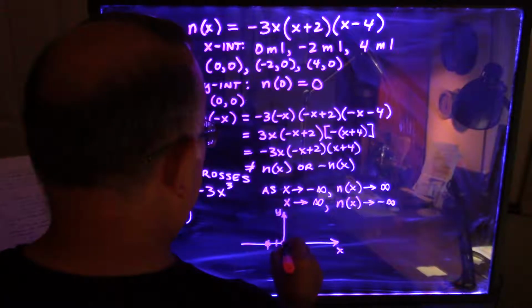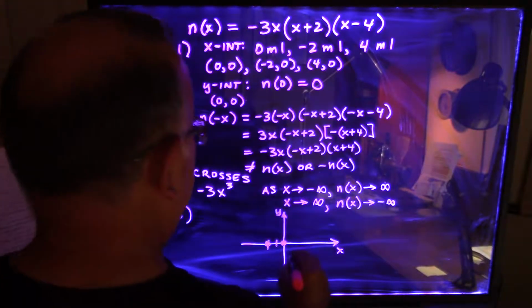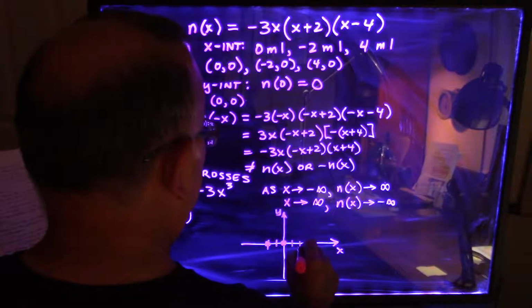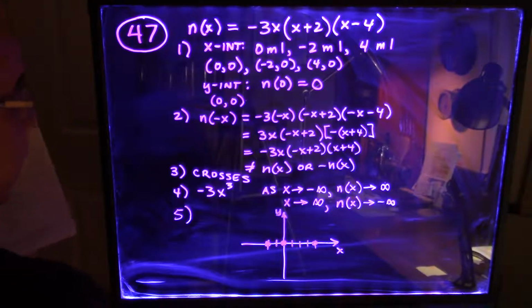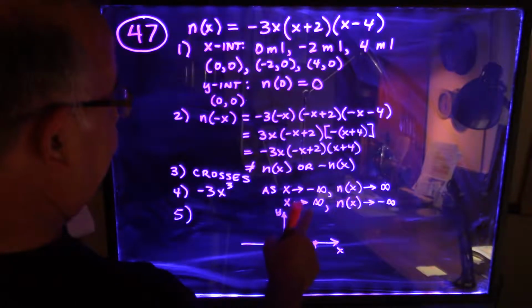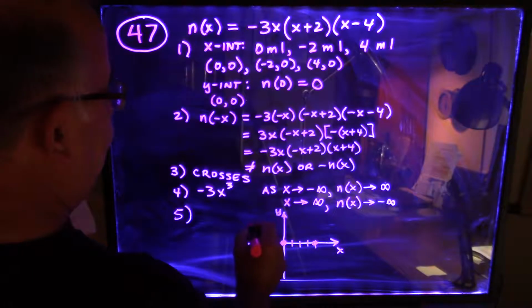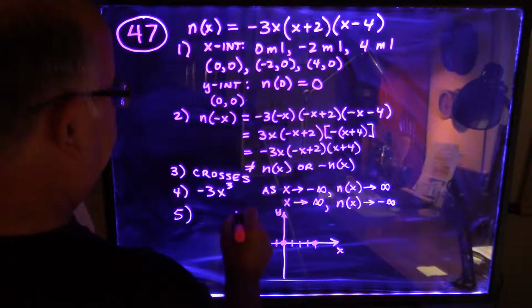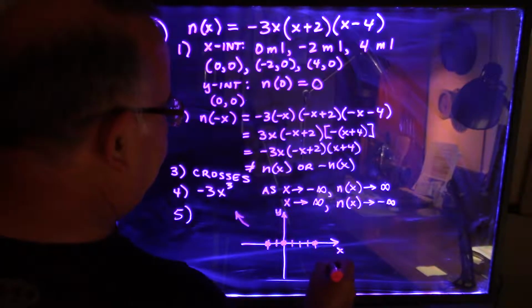We've got (0, 0). And we've got (4, 0). Okay. And the end behavior, it's as x goes to the left, n of x is going up. Alright, so here, as x goes to the right, n of x is going down.